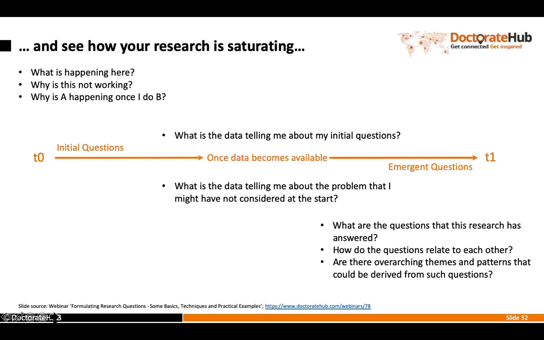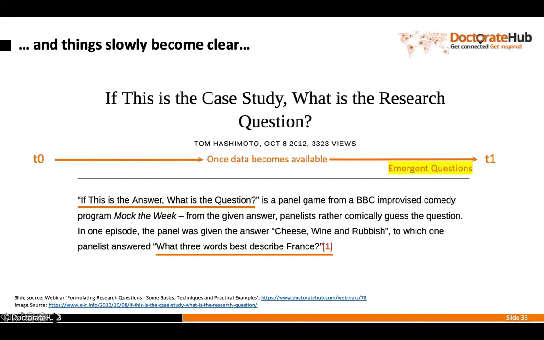So it's a slow progression from the initial proposal towards the final research and the final draft thesis that will allow you to be more and more specific. Like in this case, for example, based upon the answer, you then clearly know that a viable question to this answer would have been, what 3 words best describe France?